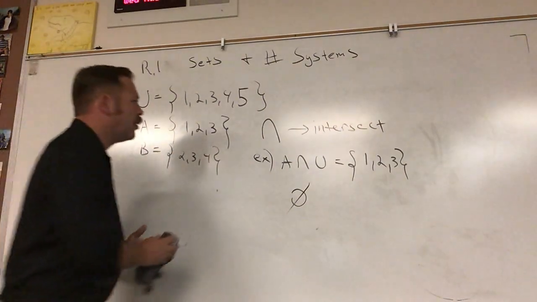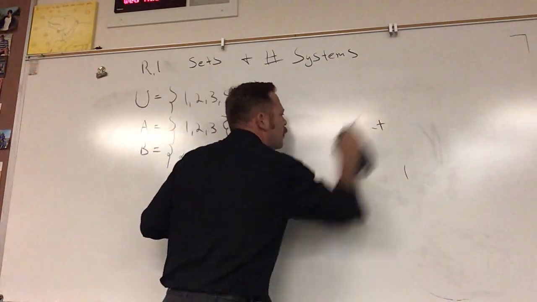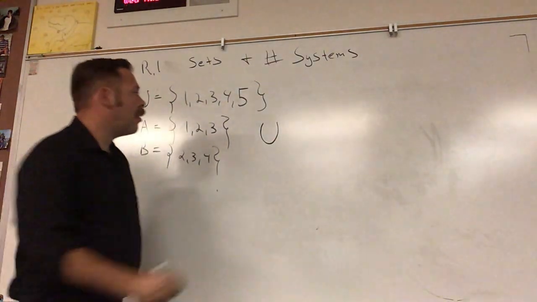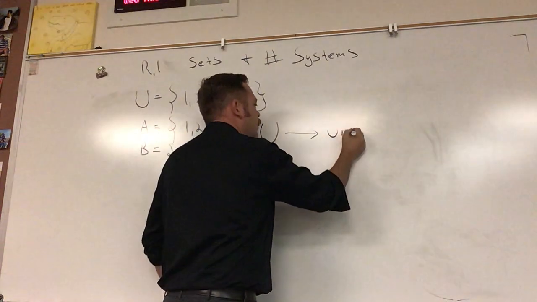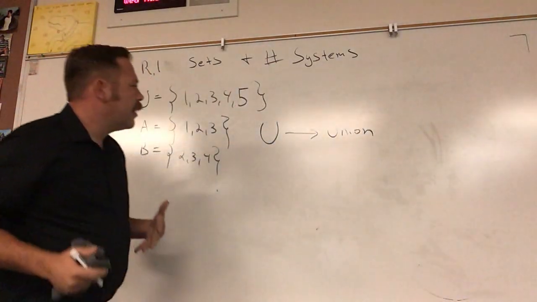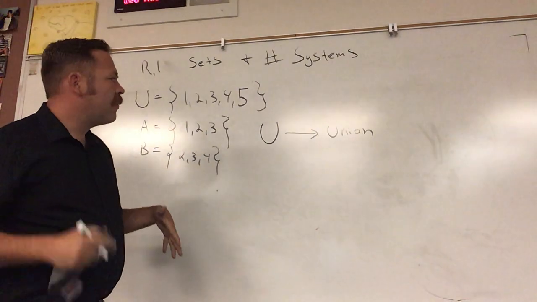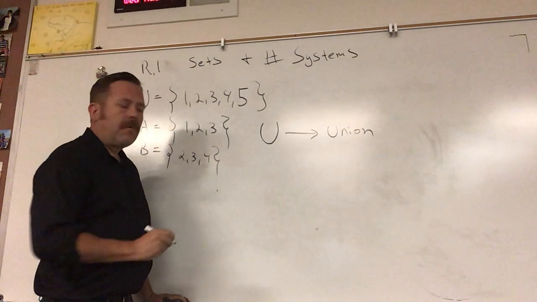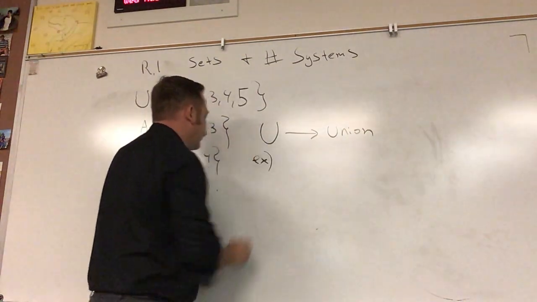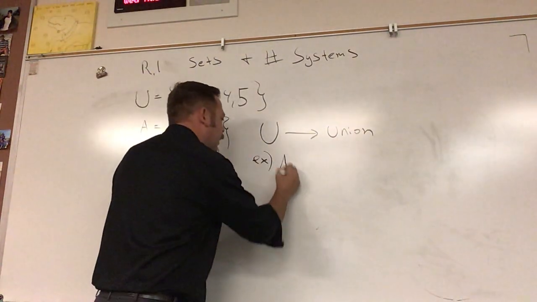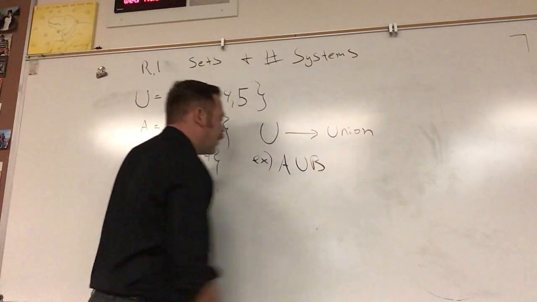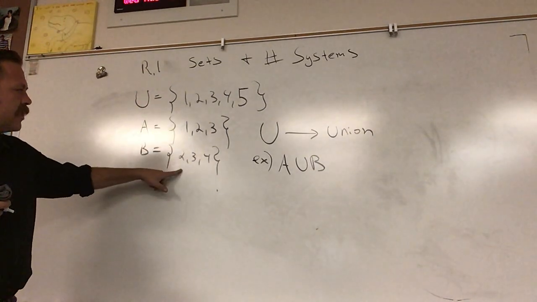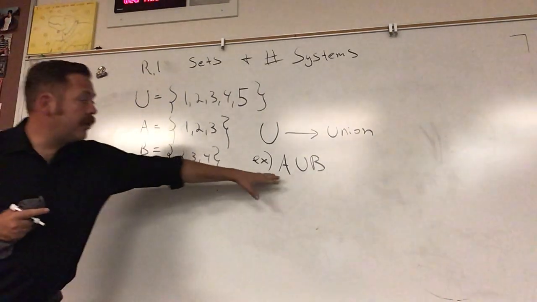Let's do another symbol. This right side up U, that's what we call a union. A union is a set that's formed by any element that exists in either set. So for an example, let's find A union with B. For a union, if it's in either of the two sets, then we're going to include it in our union set.